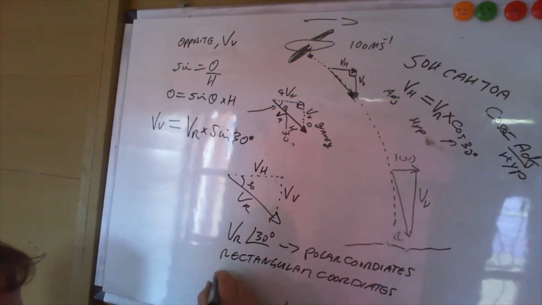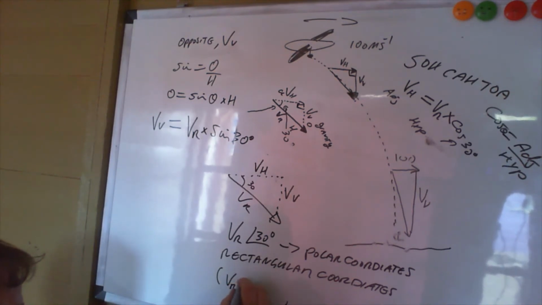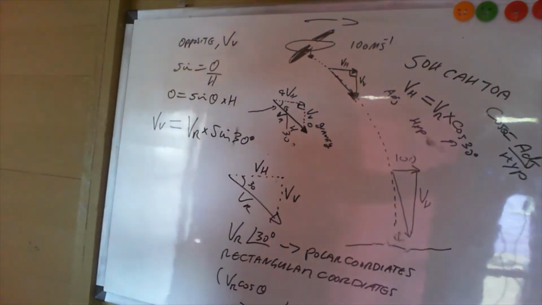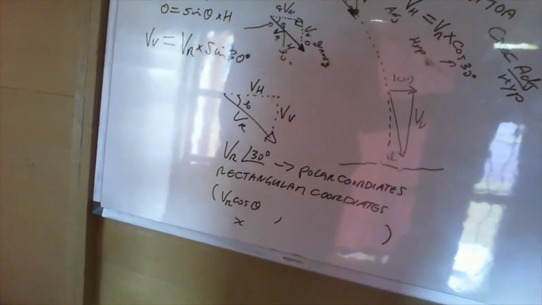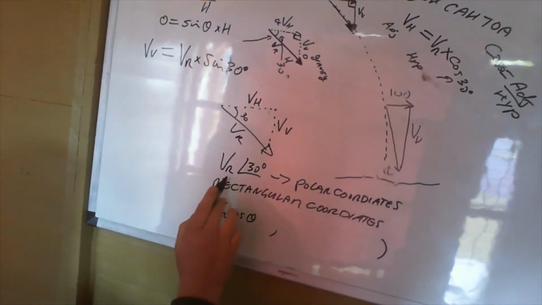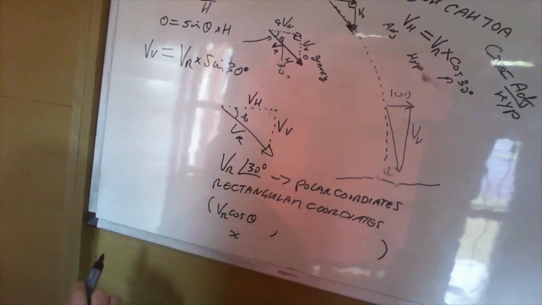And that would be VR cos theta, and that's like your x coordinate in a graph. Can you see that? So what we've got is a polar coordinate, which just tells you how big it is and in what direction it's going.